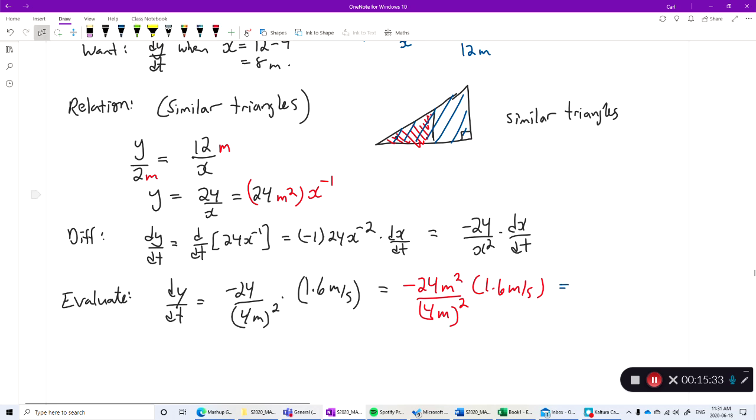So now the units are going to work out. 4 squared is 16. 2.4, negative 2.4. And I can see the units are going to be, these cancel, meters per second.